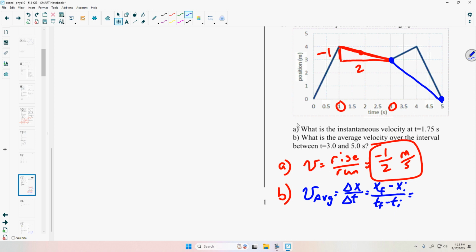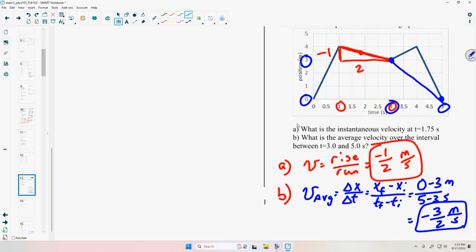So that's going to be x final is 0 minus 3, and 5 minus 3 here. This is in meters, this is in seconds, so that's -3 over 2 meters per second. You can leave it in fractional form. Or -0.5 and -1.5 would be okay too.